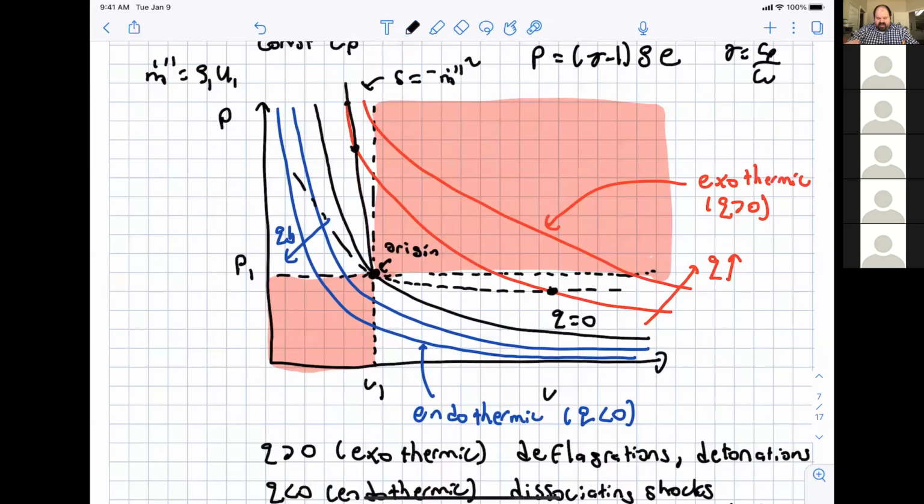Remember that the product Hugoniot is at equilibrium.